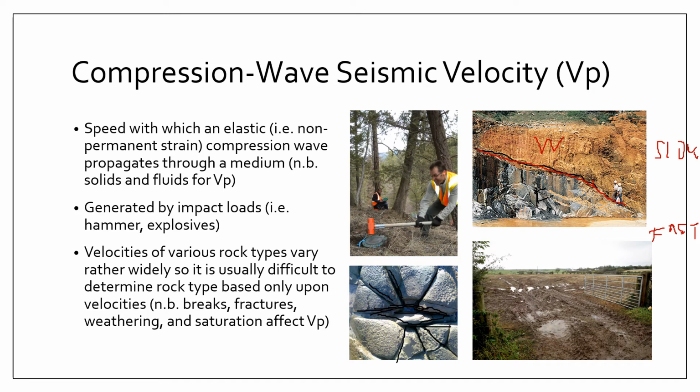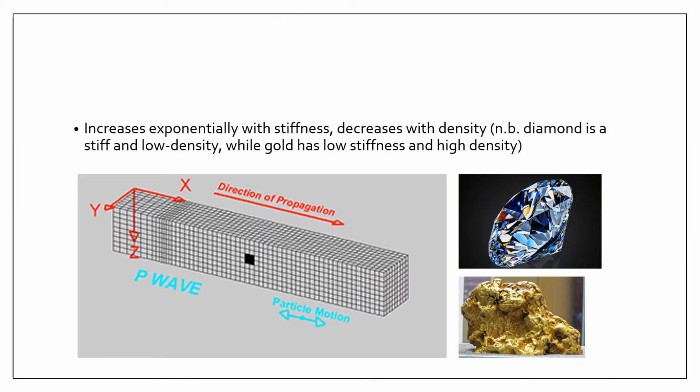So in compression wave velocity, the presence of water actually makes your seismic waves go faster. And note that the primary property of your soil and rock that affects your seismic velocity is your stiffness.